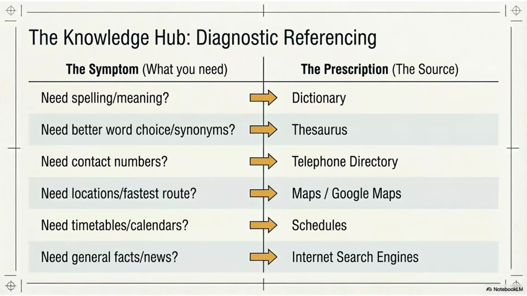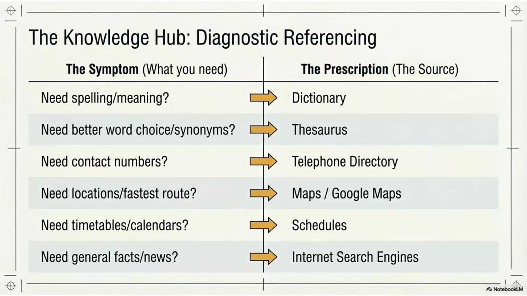Now, these are some of the tools they can use to help you with communication. If you're not sure how a word is spelled, or you're not sure of the meaning of a word, you can use a dictionary. You need a better word to use, you need a synonym, a thesaurus.